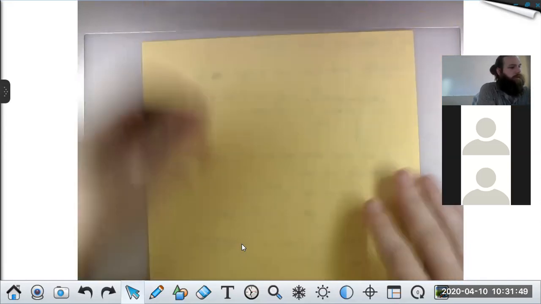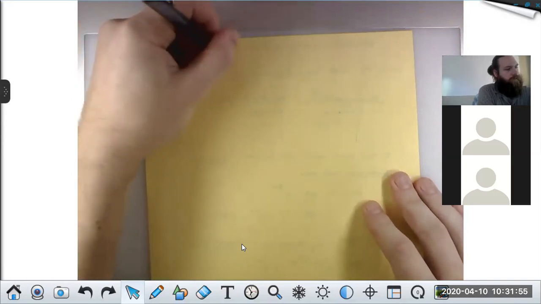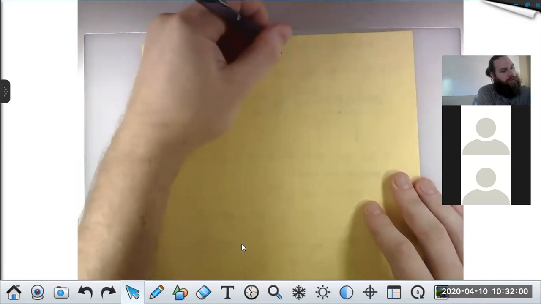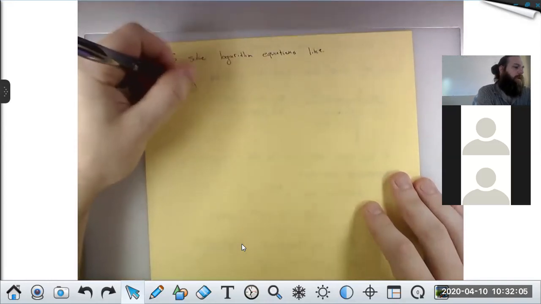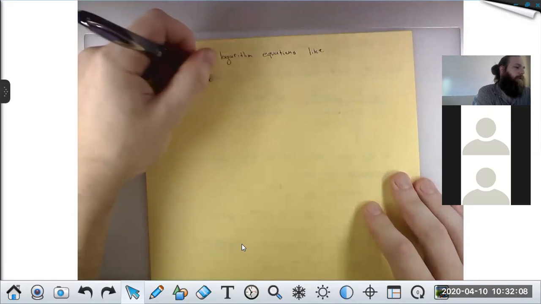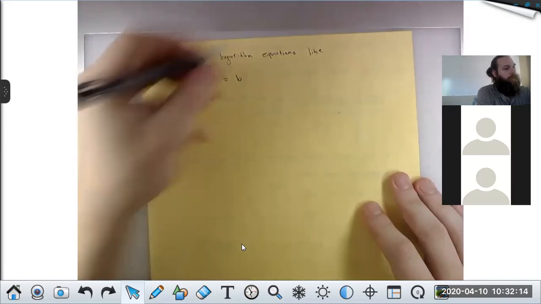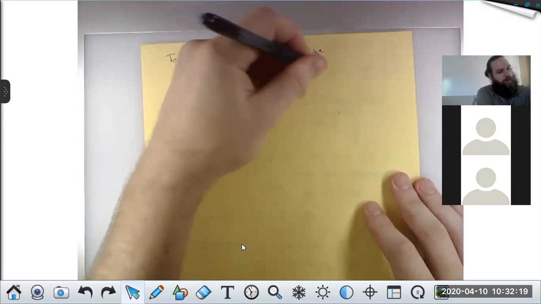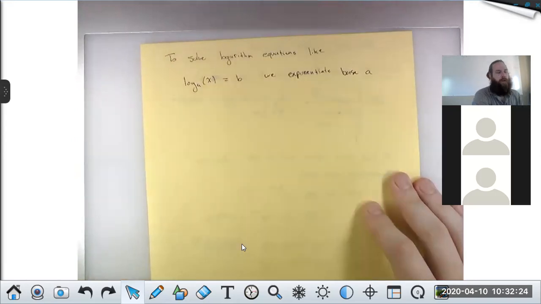Yeah, the basic idea to solve this: if you have the log base a of your variable, or something containing your variable, equals some other constant b, we exponentiate base a, meaning we put both sides in the power of a.